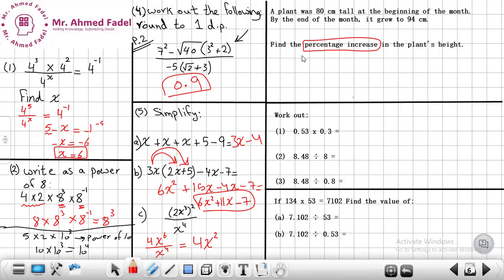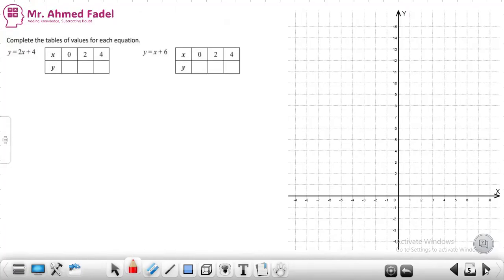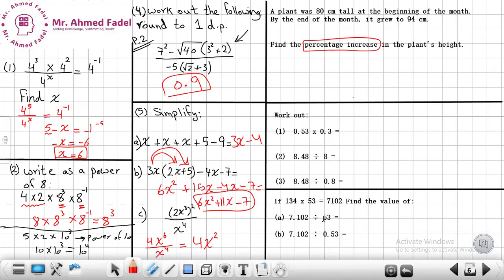Mister, I learned that I find the final value by multiplying the original value by the multiplier. And we also took how to find the original value in such a question. When they requested the original, we did divide by the multiplier. But here they wanted the percentage itself.